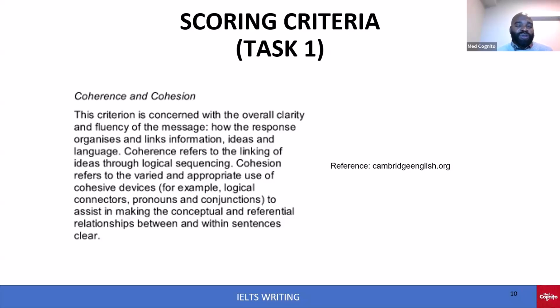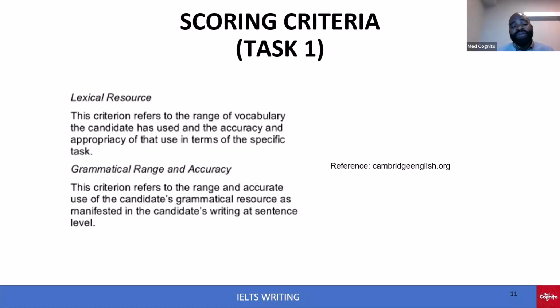Cohesion, the thoughts that you put down in different sentences from one paragraph to the other, you would have to connect them using logical connectors, conjunctions. And so that's essentially what this scoring criteria, this coherence and cohesion, is looking out for.